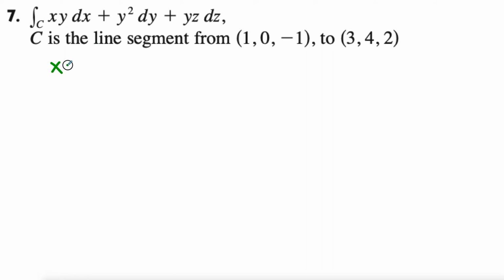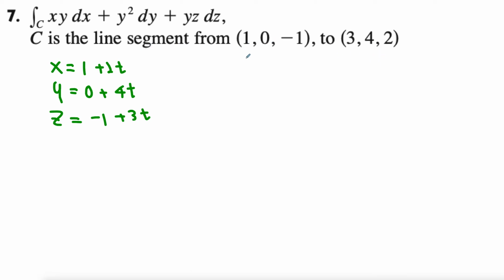So x, I'm going to start from 1, but I have gone up by 2 units, so plus 2t. y will be equal to starting from 0, and then plus, I went up by 4, so 4t. z, I started with negative 1, but I went up by 3, so plus 3t. So that can be the parametric equation that represents the line segment going from here to here.